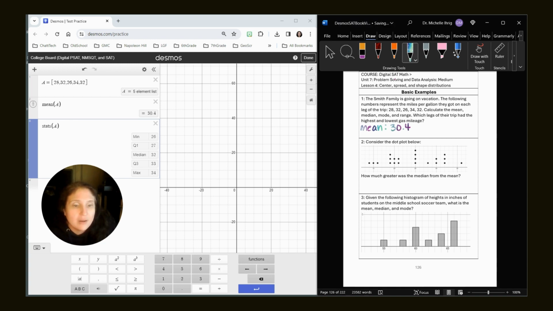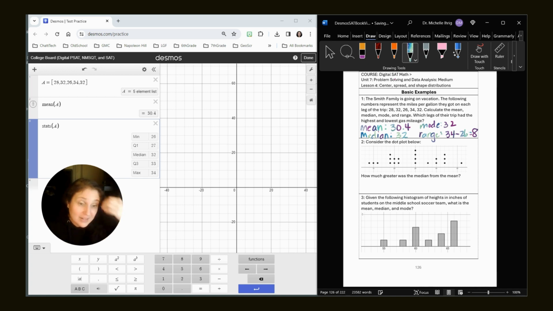Our median we got from using the stats feature. No more putting the numbers in order from least to greatest and looking for the middle. It literally tells you 32. Our mode is also 32. And our range is our highest minus our lowest number. If we look at stats, our highest number is 34 and our lowest number is 26. If you type it in, you get 8.